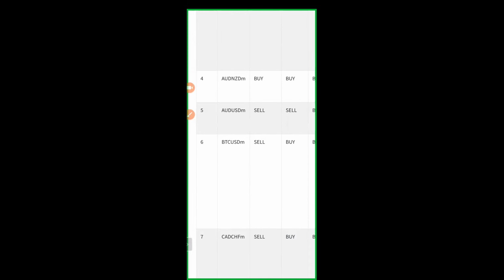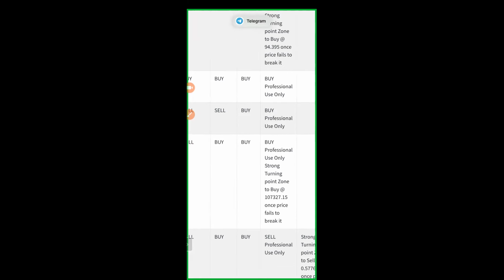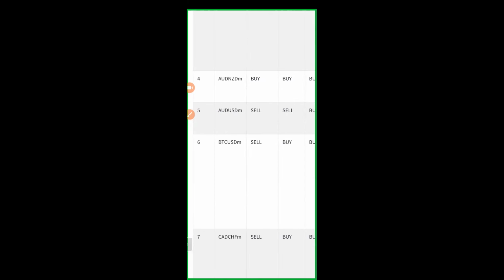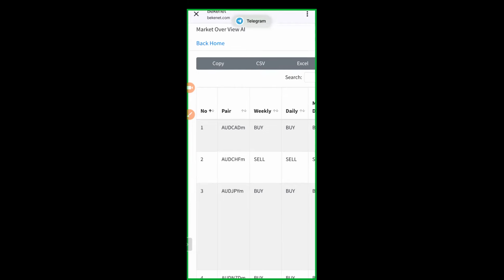Last week, when it gave us the overview of Bitcoin, it was sell, all through. But you can see now this one has changed, and it said this is the turning point, 107,327.15. When the market opens after this interaction, we are going to see another overview. That is where we get it massively.